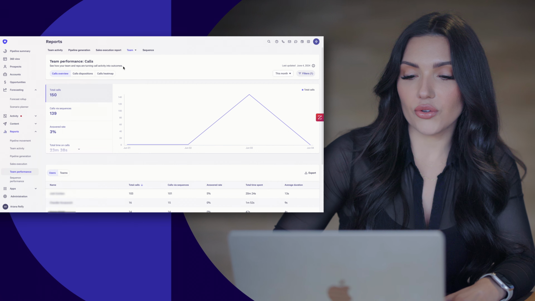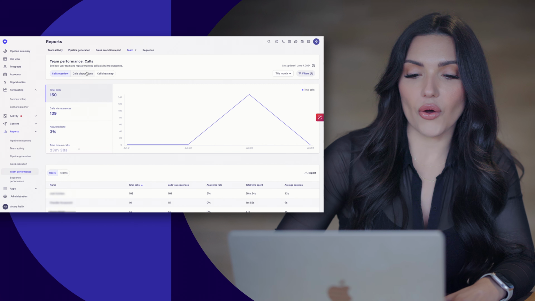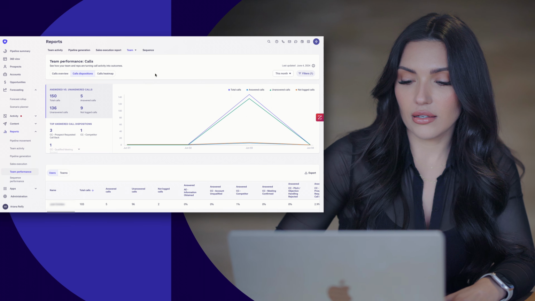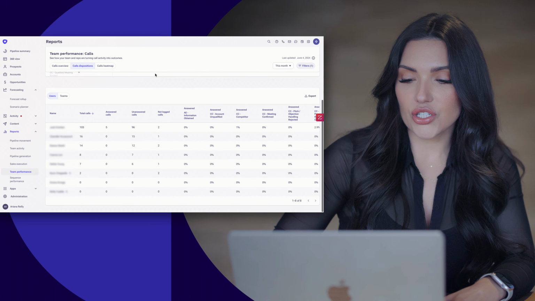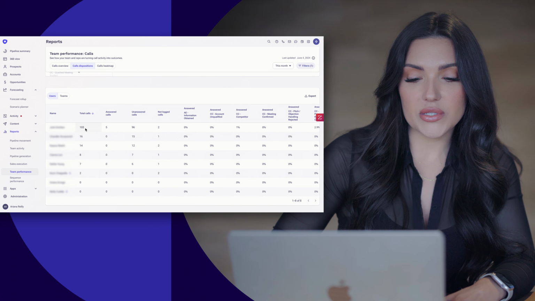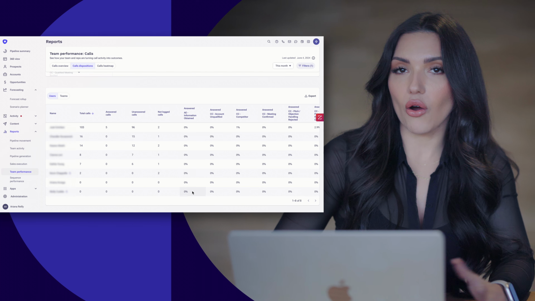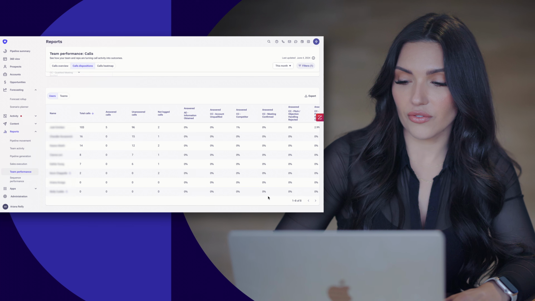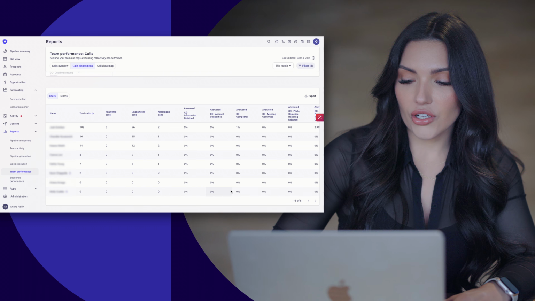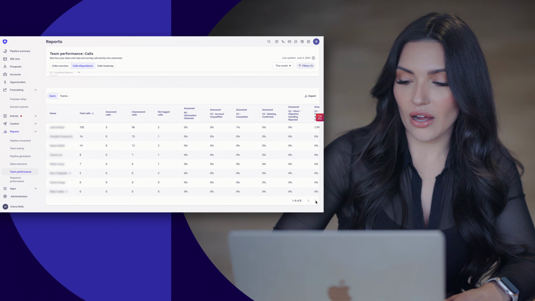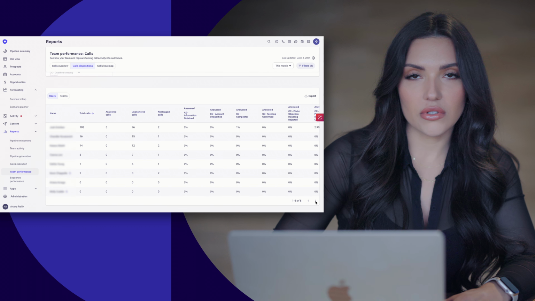But what's really going to give you an indication of if they're saying the right thing on the phone are the dispositions. So when you look through the dispositions, you can see for a specific rep, or if you want to look over the whole team to notice any sort of concerning trends, looking to see what's standing out, what is an alarming percentage.